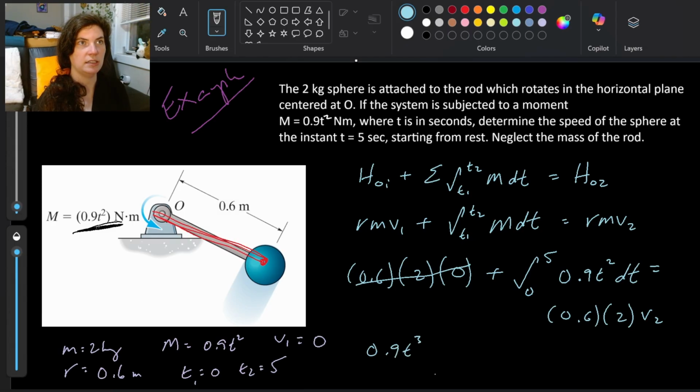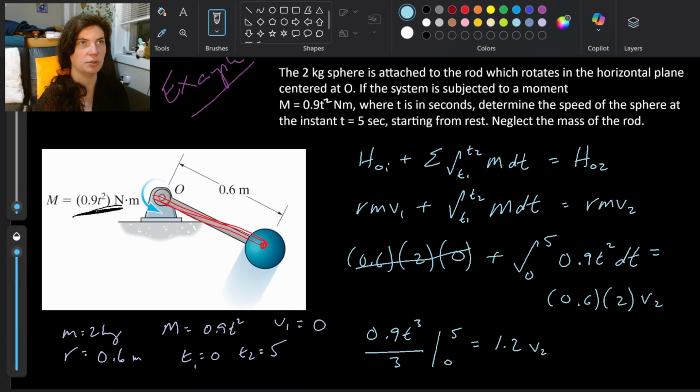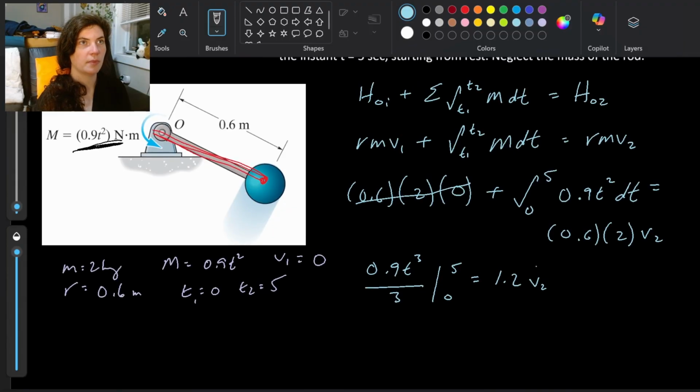0.9 t cubed over 3, evaluated from 0 to 5, equals 1.2 times v2. And then as I solve for v2, I can plug my 5 in here. 0.9 times 5 cubed over 3.